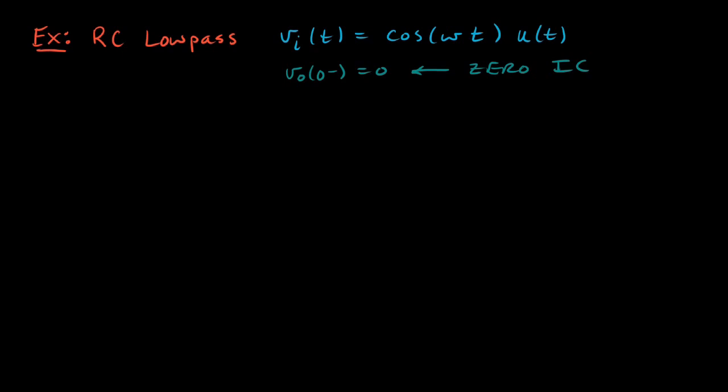So you may think that this isn't anything too exotic, but the difference here is that we're starting with 0 initial conditions, and we're not presuming that we've reached sinusoidal steady state. So essentially, we haven't been operating in this sinusoidal mode for a quote-unquote infinite amount of time already. We're starting with 0 volt input that switches at t equals 0 to a cosine that then goes on forever.